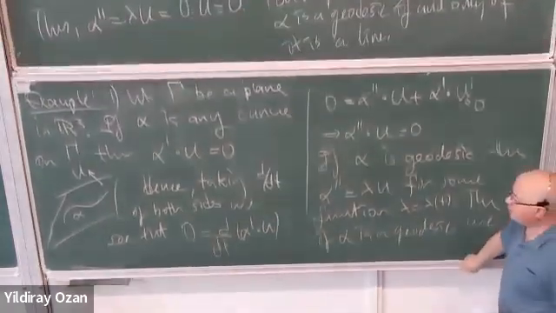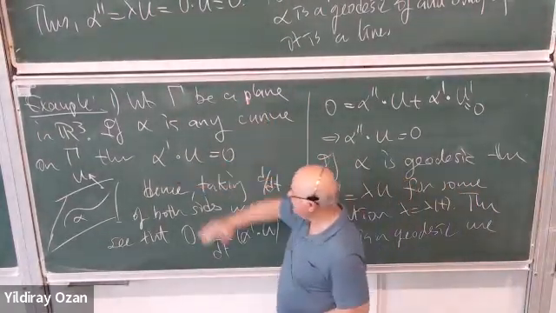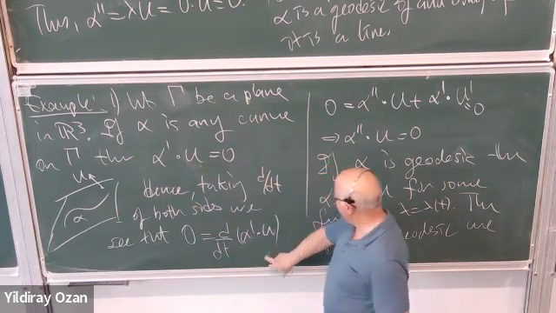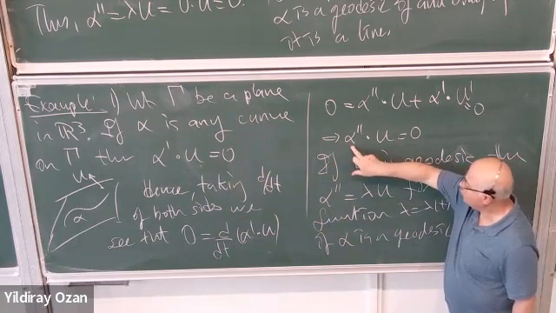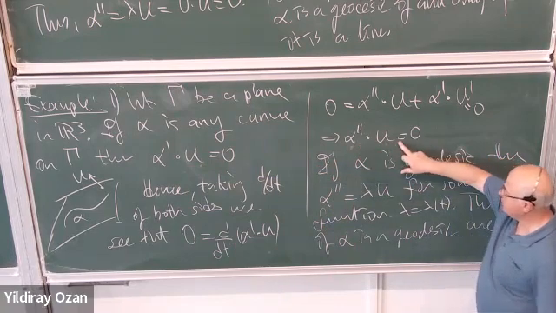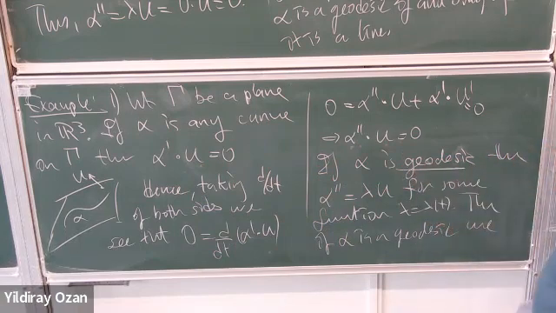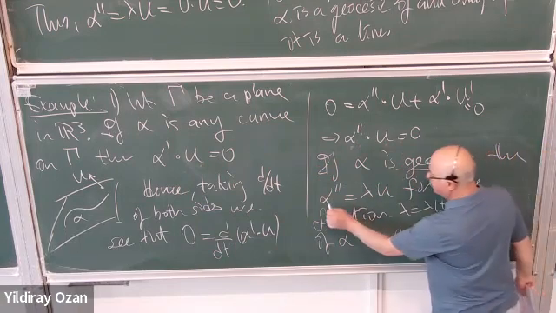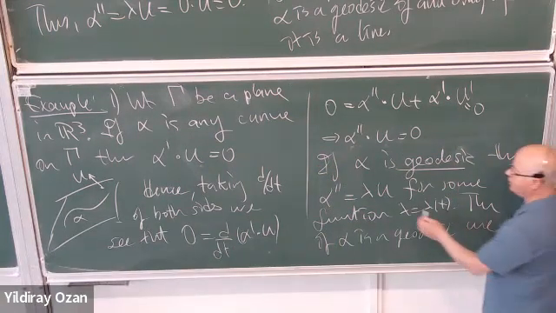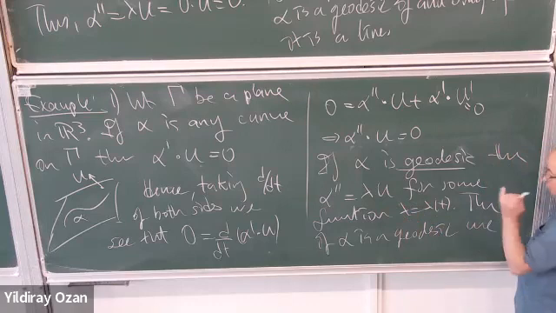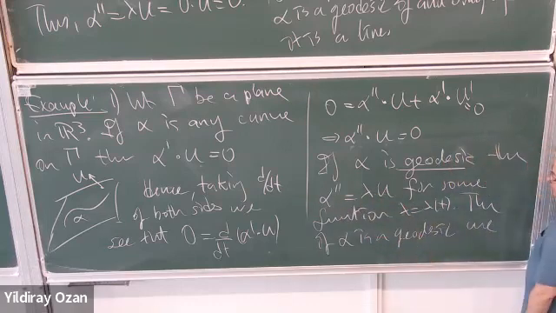Reasoning şöyle. On a plane, we always have this. And then we take derivative and we see that on a plane for any curve, this inner product is 0. Now, if this is a geodesic, then by definition, the acceleration vector is a multiple of the normal vector of the surface. So alpha double prime has to be like this.